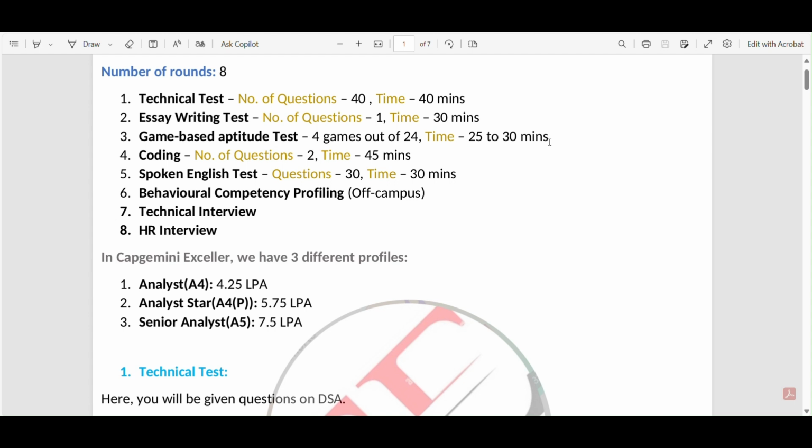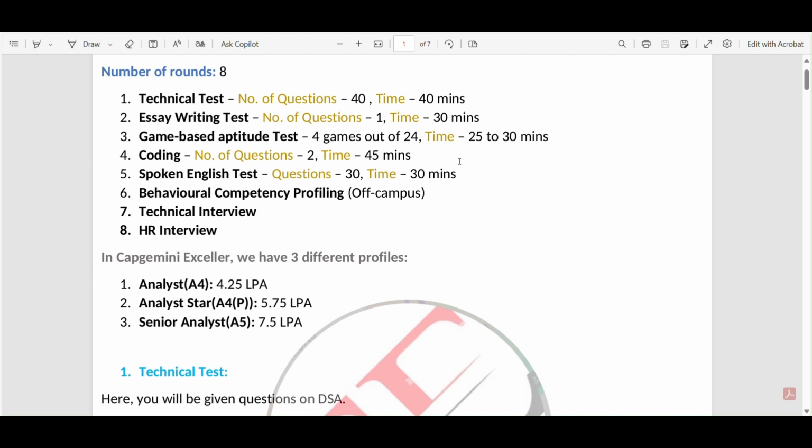How many levels you complete at that time will be taken into consideration, right? I have experience on this because in Cognizant also this round is there, the game based aptitude test.